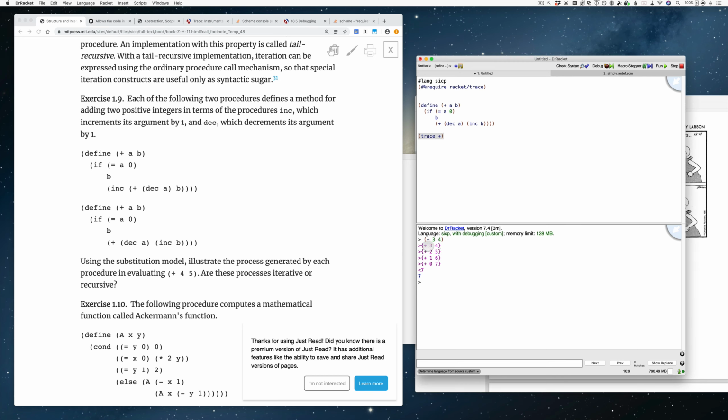Like we do the sum of 3 and 4. Step 1 is we decrement A and increment B, so 2 and 5. And when we do that, that whole phase of the program is done, it's finished.